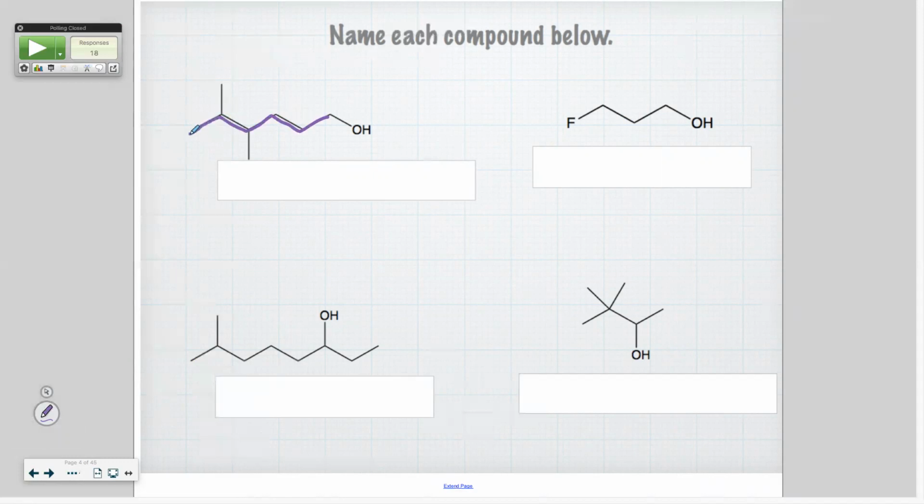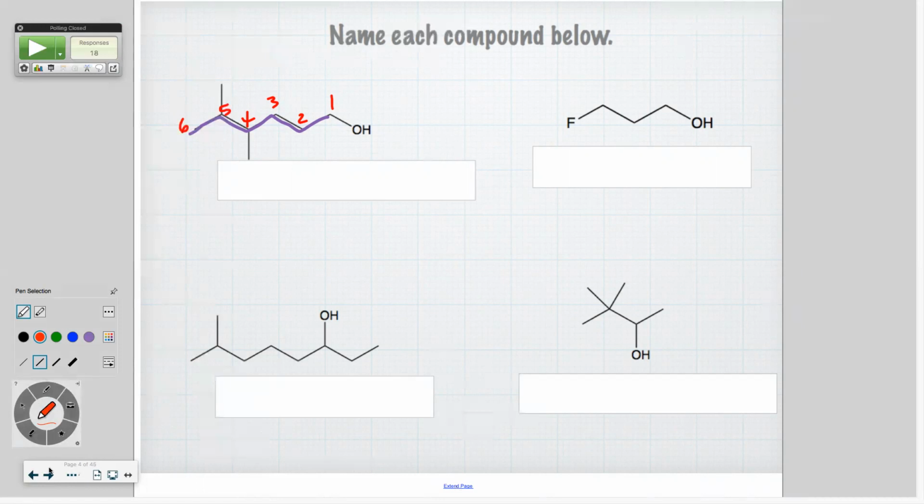Okay, where do we start counting? Right or the left? To the right. Yeah, it's right from the right. Okay, so what is the name? 4,5-dimethyl-1-hexanol.